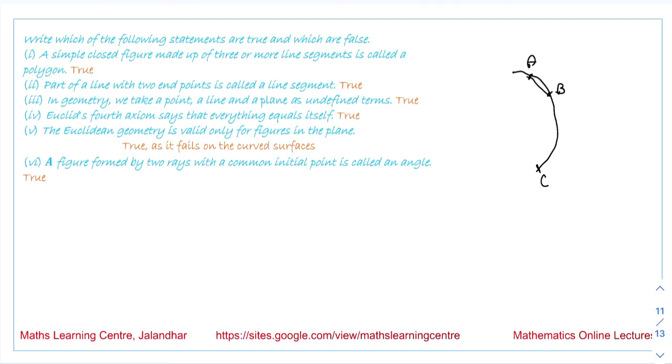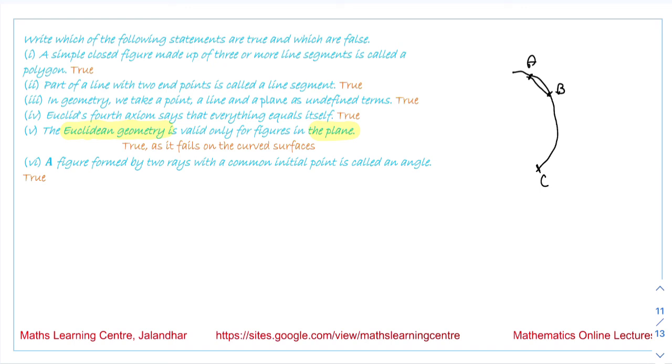The definition that we have seen earlier, that it is the closest distance between the 2 points, fails over here. And other things also fail when the surfaces we have are not plane surfaces. So Euclidean geometry is only valid for plane surfaces.